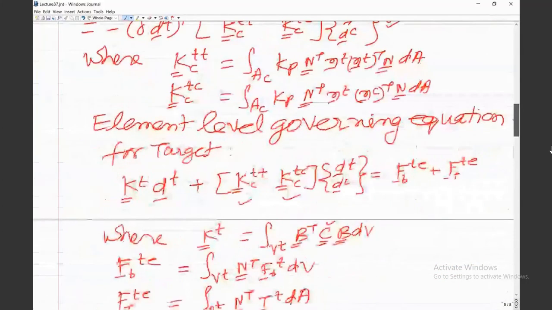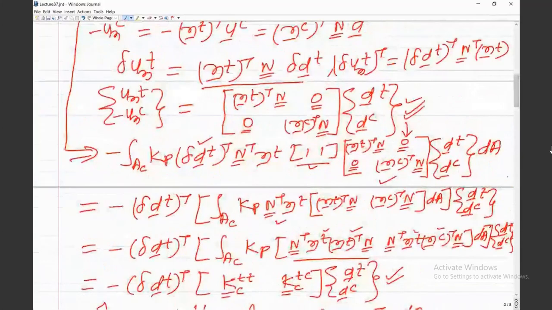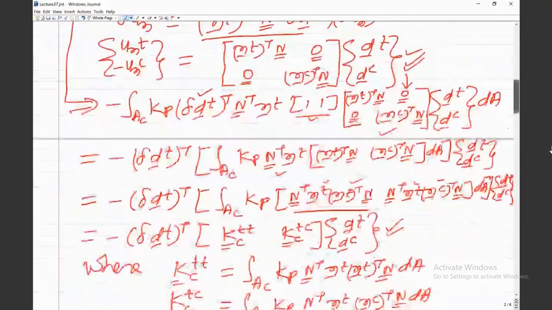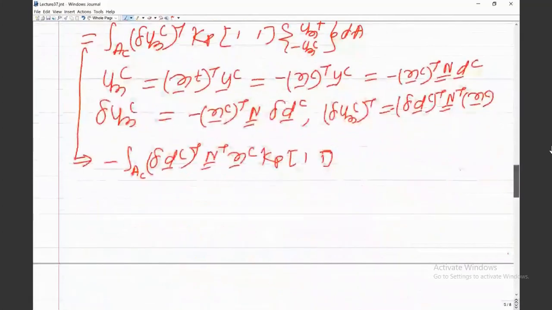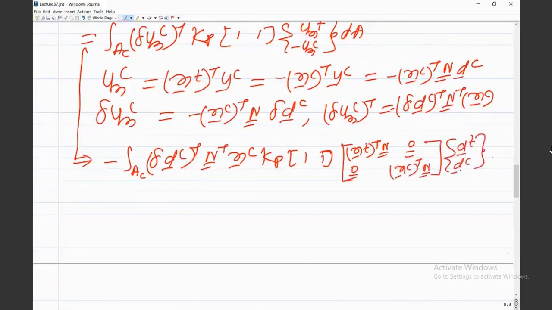We are just making use of the same thing we have written over here. Now this UNT minus UNC, we are taking that same vector. So we have this vector as NT transpose into N, a null matrix, and then NC transpose into N, times DT and DC, dA.